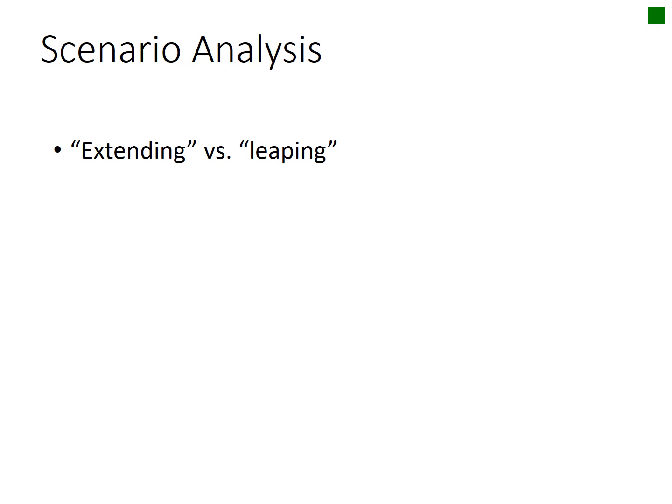So the product changes, I create a new product, but those changes don't amount to a huge leap into a whole new product category, but rather it just extends what I currently have and provides a little bit more benefit to the customer. And we sort of creep along with products that way.